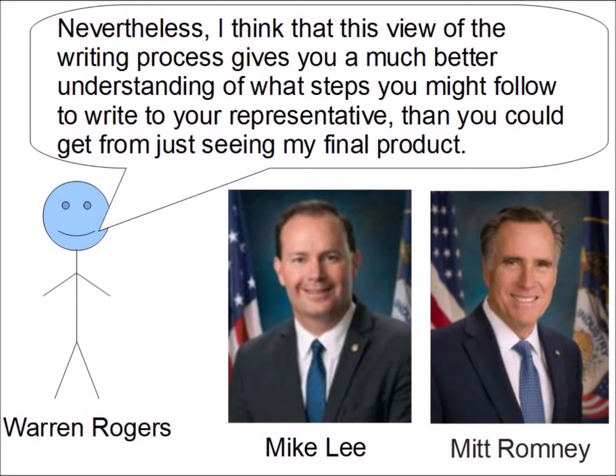Nevertheless, I think that this view of the writing process gives you a much better understanding of what steps you might follow to write to your representative than you could get from just seeing my final product.